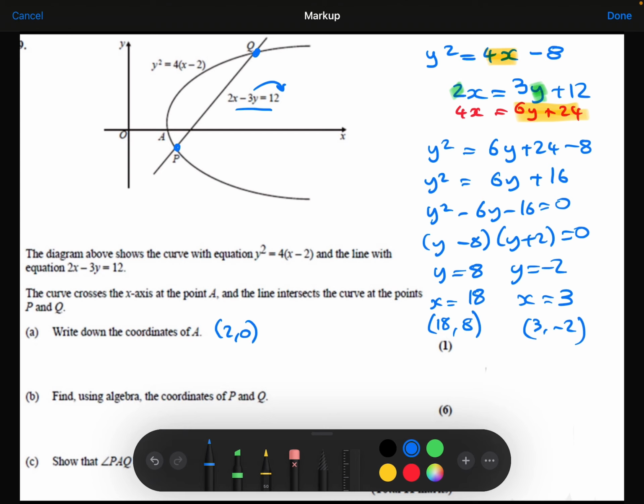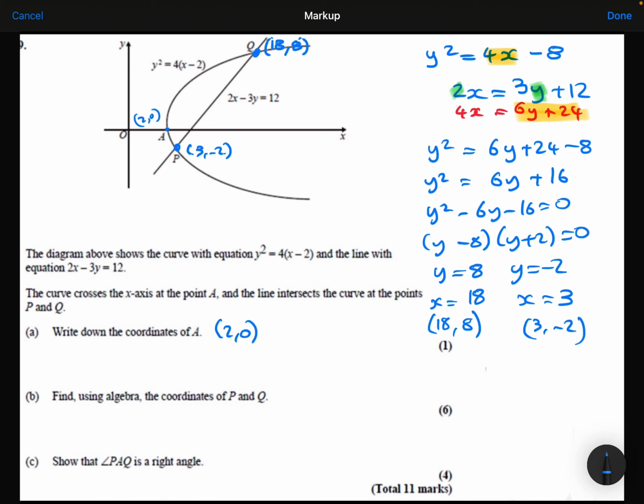So just comparing which one's which here. Clearly P is going to be (3, minus 2), and Q is going to be (18, 8). Hopefully that's obvious just looking at the numbers and the fact the y coordinate's minus 2 for P. Whilst I'm at it, let me also put A back on here as well.